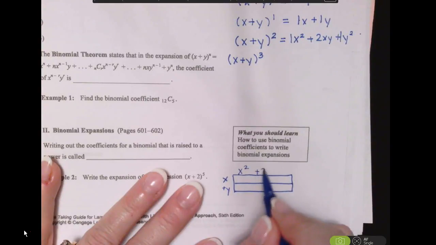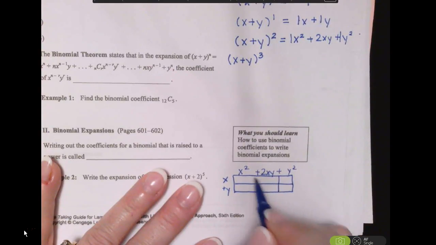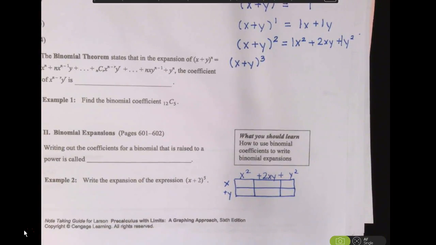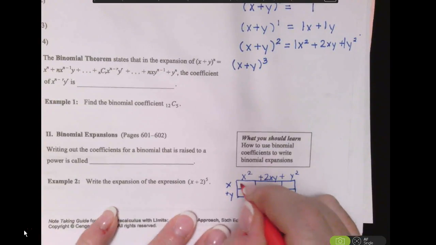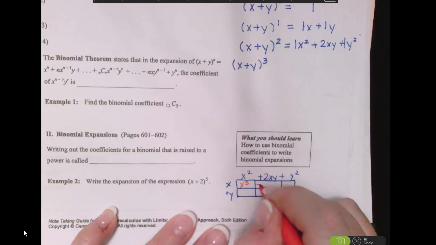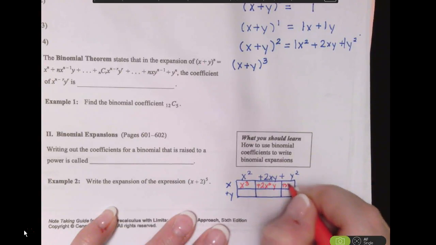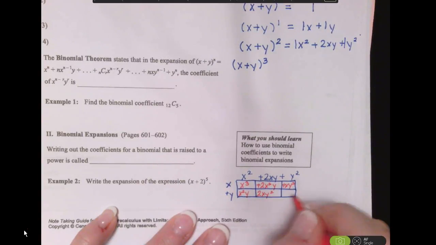So x squared plus 2xy plus y squared. And let me get another color. So x times x squared is x cubed plus 2x squared y plus xy squared, and then here we have x squared y and 2xy squared, and then y cubed.